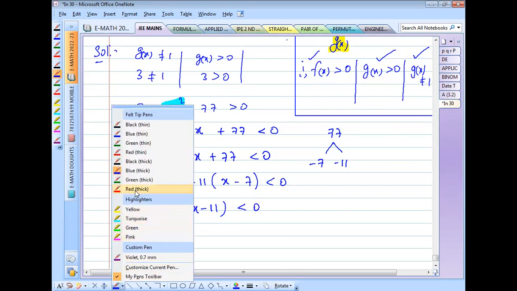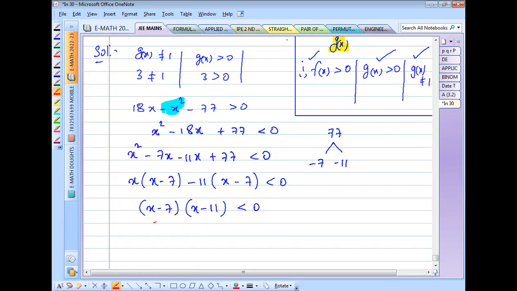Now we can find the roots of these two factors. The first factor x minus 7 has root 7, and the second factor x minus 11 has root 11. Now take the real line, which has the ends minus infinity and plus infinity, and mark the root values in increasing order.